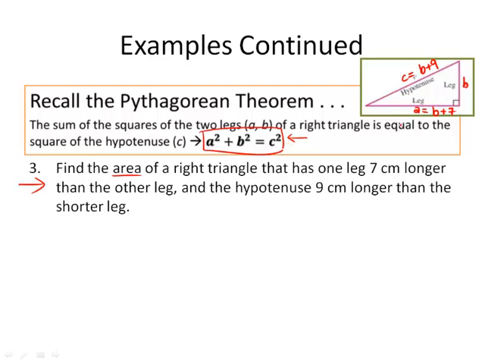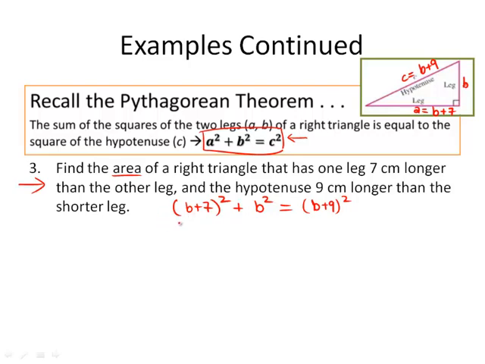In order to find B, we could relate all three of these sides as A squared, which is B plus 7, plus B squared equals C squared, which is the longest one squared. Alright, let's continue. We want to expand everything.